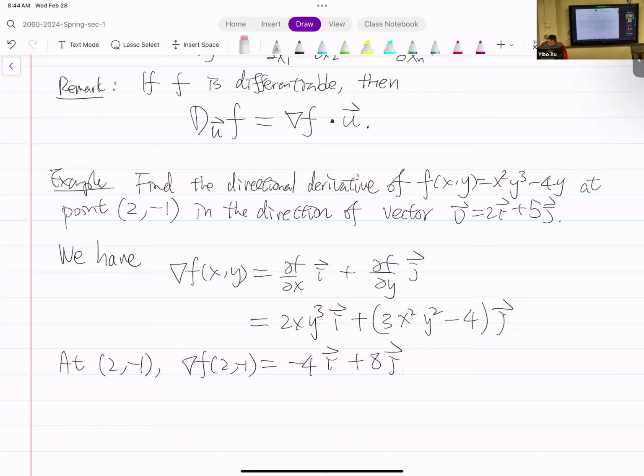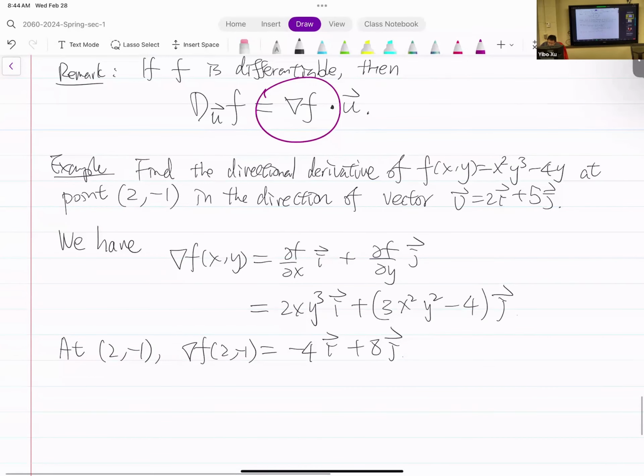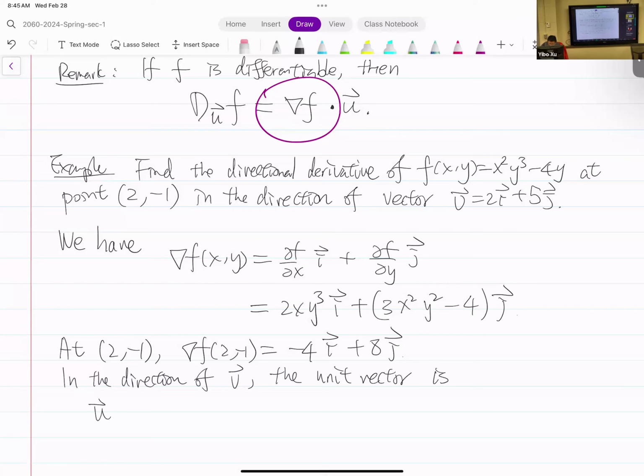Now we get the gradient vector part, and then for v, we need to normalize it and get the u. In the direction of v, the unit vector is basically the vector u that is v over its magnitude.